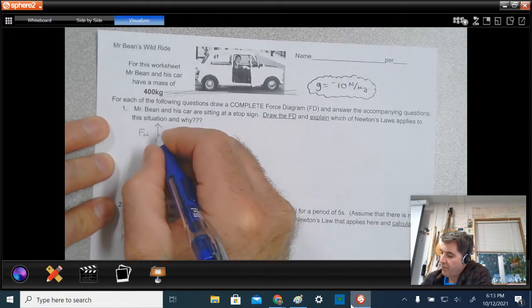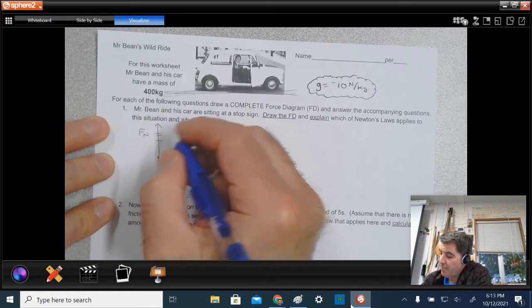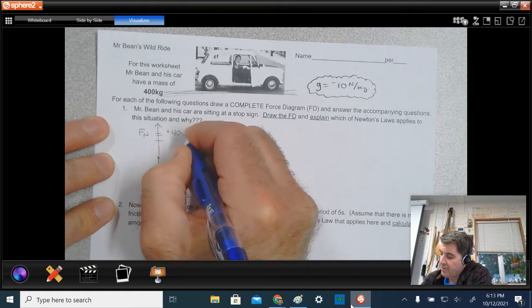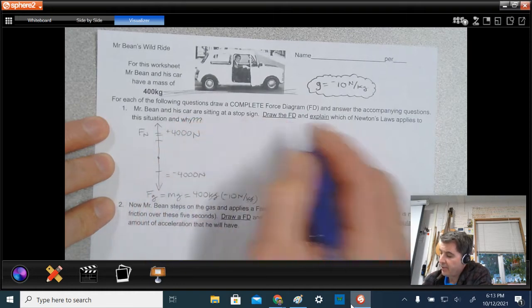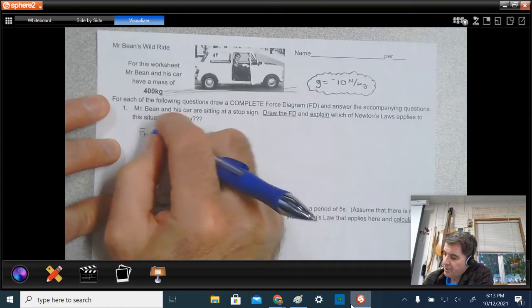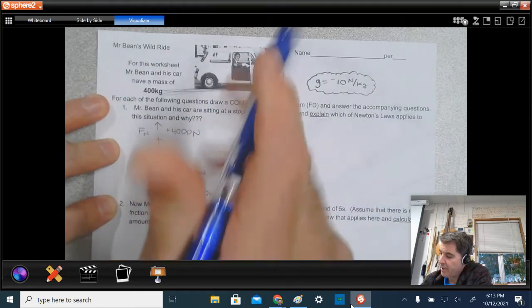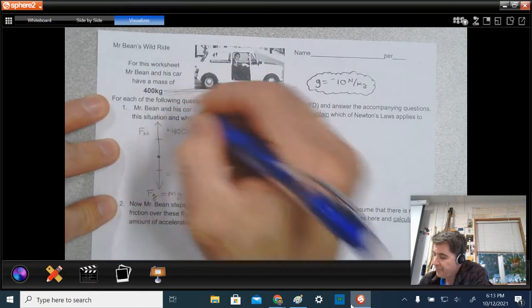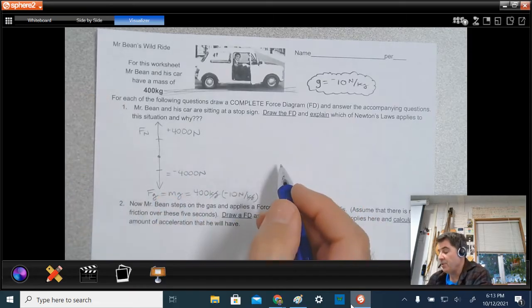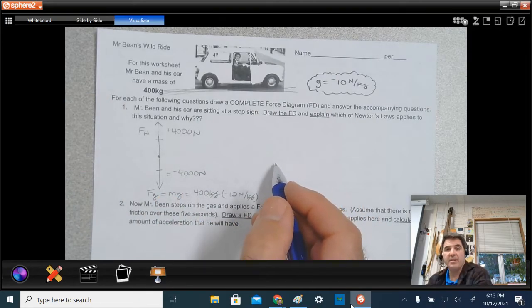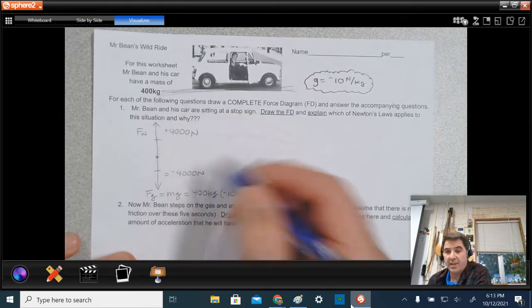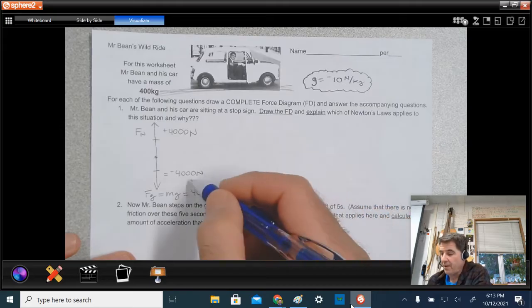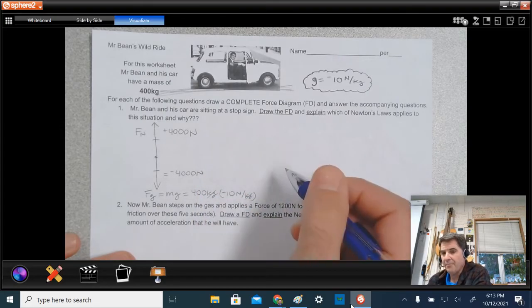And so that normal force is equal to a positive 4,000 newtons. And a lot of y'all are struggling with that a little bit. I shouldn't put those little tick marks there. I should just put, that was an equal sign, but positive 4,000 newtons. Now, the reason this is true is because it's not falling. And so the net force in this case is 0. 4,000 down, 4,000 up is 0.